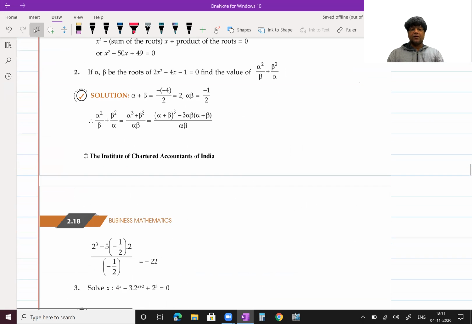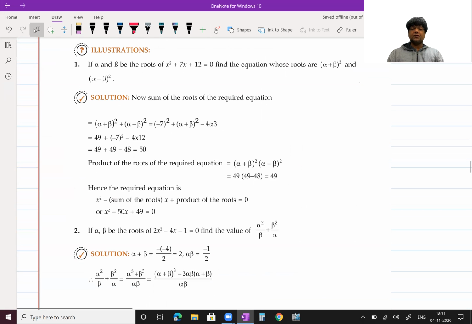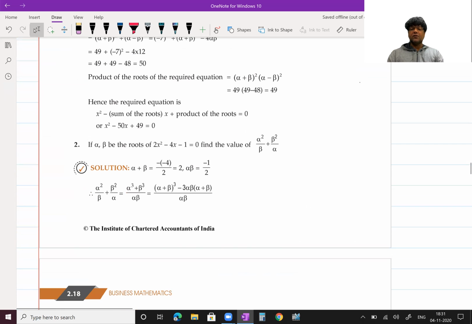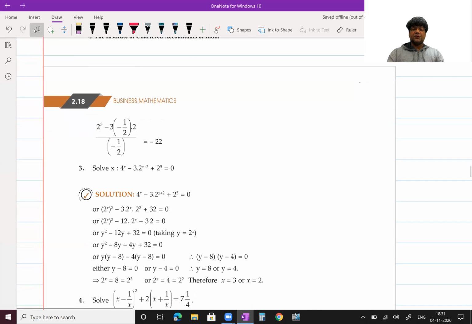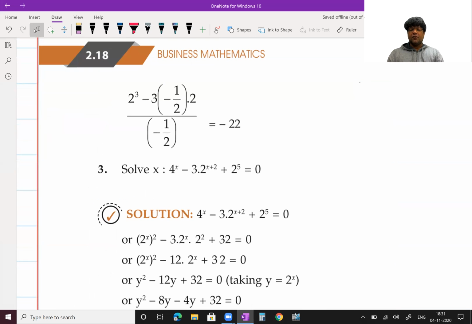But I will not prefer these questions to be done this way. See, 2 is okay. But this question, guys, 3, options will be there. They are asking to solve, which means the values of x, and they will be given in the options. Go to the option, put it here in place of x, and calculate.